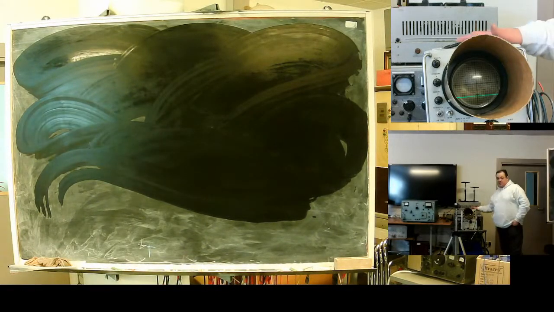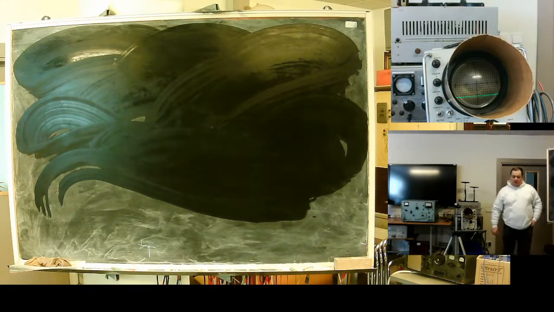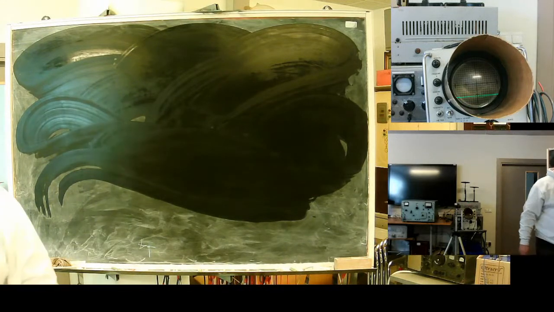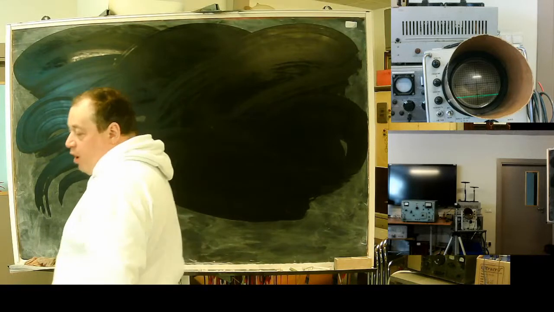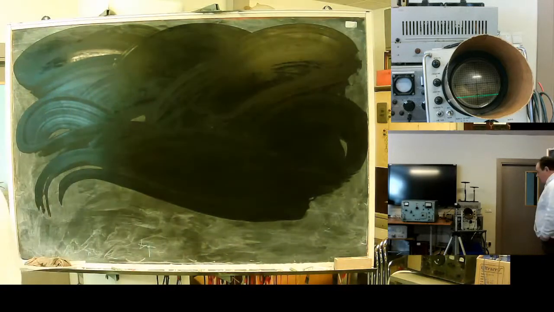We already saw this device. It's an analyzer of amplitude frequency characteristics, or Bode plots.